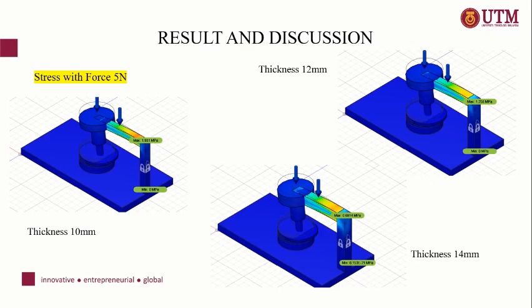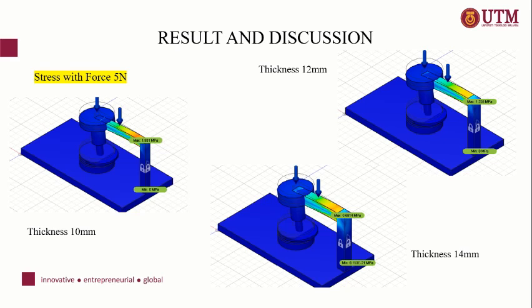Due to some laptop problem, I cannot show you the whole picture of the simulation for each force, but I did manage to save the one for 5 Newton force. From the pictures shown, we can see that the stress will be small if the thickness of the steel arm is high.